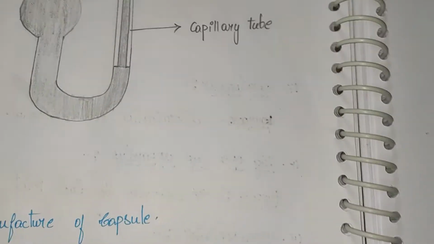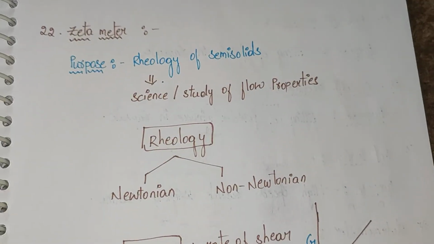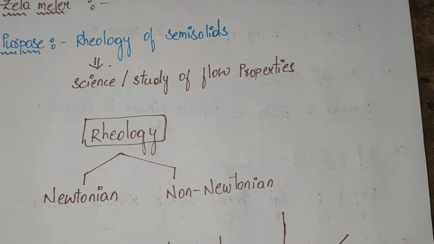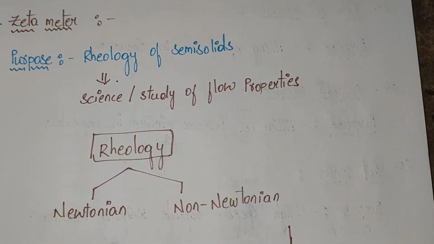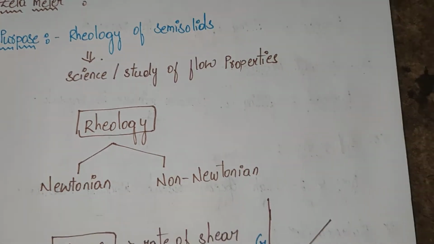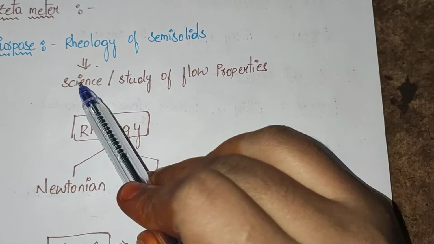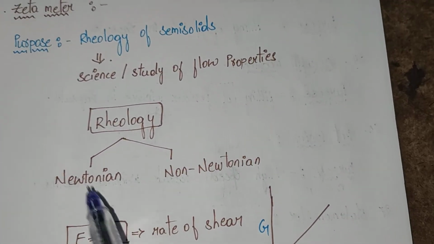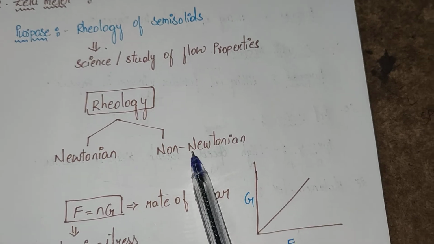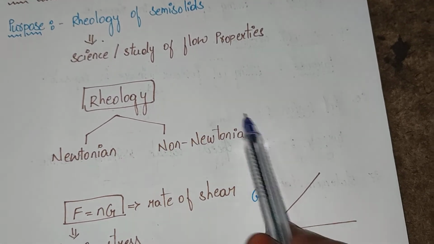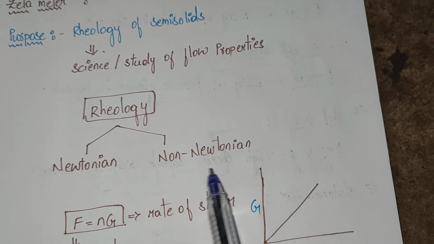Next one is viscometer for the rheology of semi-solids. So rheology means, it is two words. Rheo means flow, logy means study. So it is the study of flow properties. So it is of two types, Newtonian and non-Newtonian. Newtonian means which follows Newton's law, and non-Newtonian means which does not follow Newton's law.